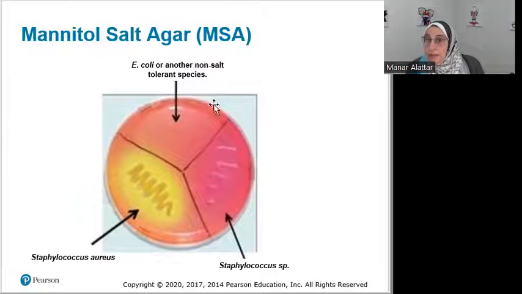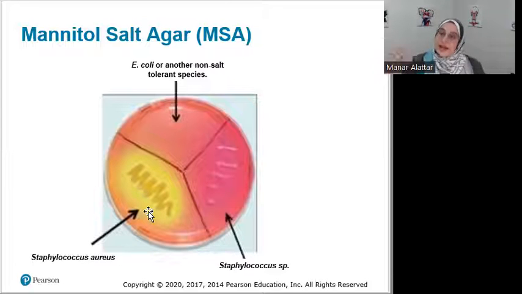So you might have gram-positive organisms that are halophiles, but they don't ferment mannitol. And so they'll just grow on the media without changing its color, without interacting with the mannitol. Whereas organisms that do ferment mannitol, so the sugar mannitol is in the media, we'll get a pH change, and there's an indicator that turns yellow when we get that pH change.